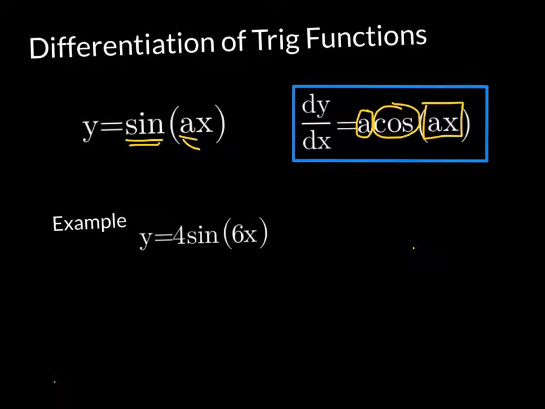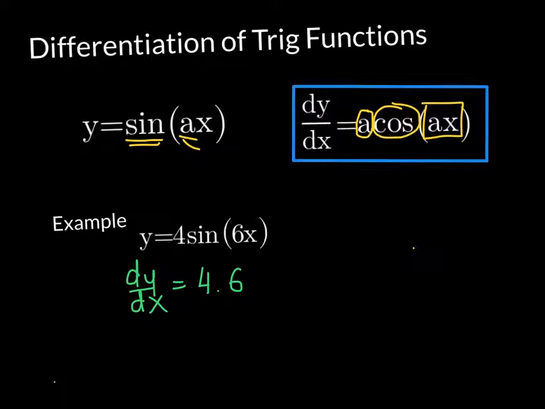We have y equal to 4 sine 6x. If we want to find the differential of y with respect to x, then we would have 4, because that's just a constant. This would be then multiplied by 6, because the 6 would come out the front.